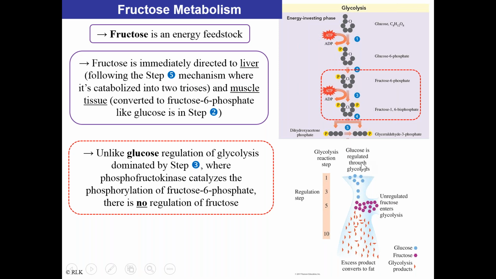And we were to say, okay, well, we know glucose is regulated through glycolysis, but what about fructose? That's the problem. If you have too much fructose being entered into your body via the diet, I think that's really important, okay? If it's being introduced into the diet, this is where the problem occurs, because it will enter glycolysis, but then it'll just keep going, and then all of a sudden you'll have excess product, and if you have too much of that, it'll be converted into fat.